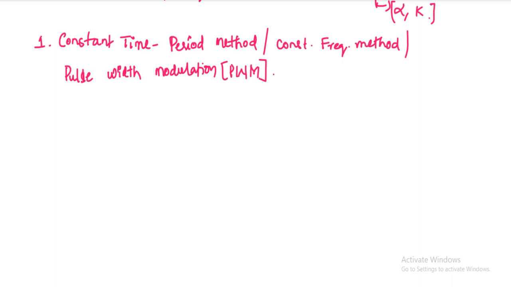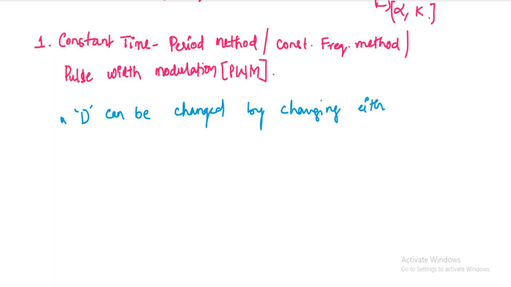So here we are going to change the value of D. D can be changed by changing either the T on time period or the T off time period, right?